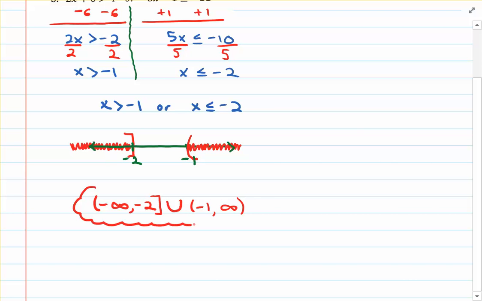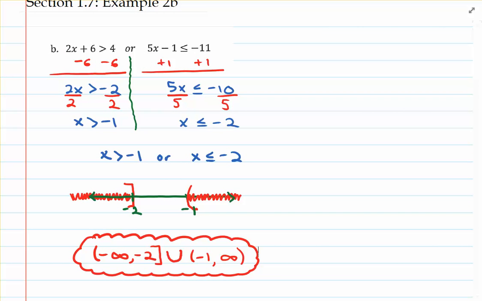Now I do want to talk a little bit about the logic behind the OR and how it's a little bit different than the logic behind the AND compound inequality. So you'll notice if we pick the number from, say, the first shading of the number line, like -3, -3 doesn't have to satisfy both inequalities at the same time.